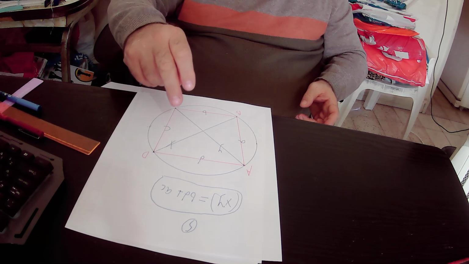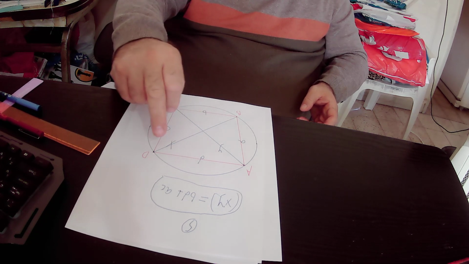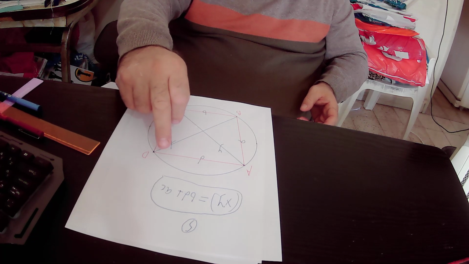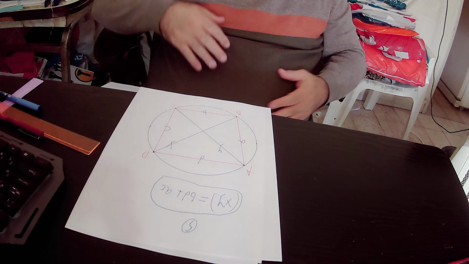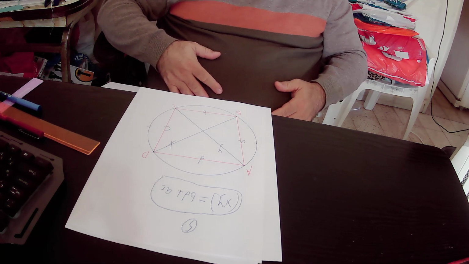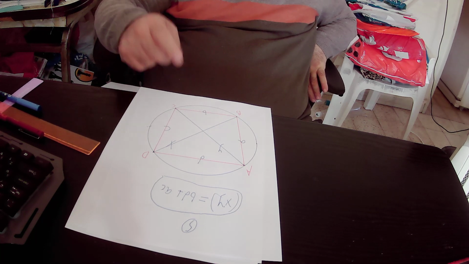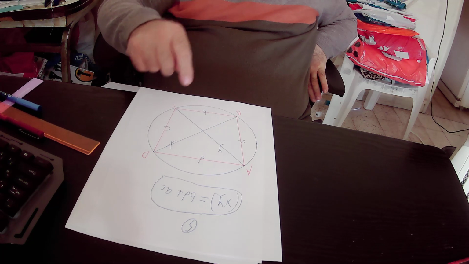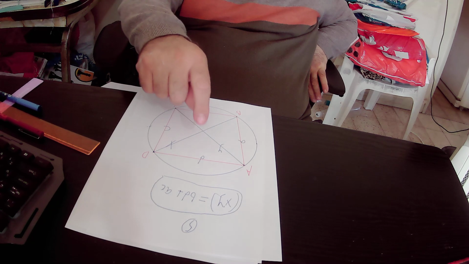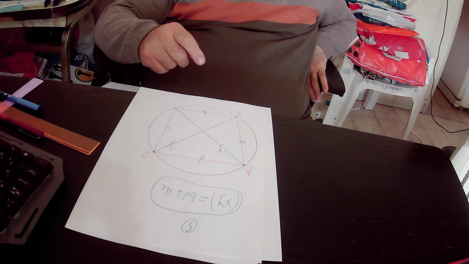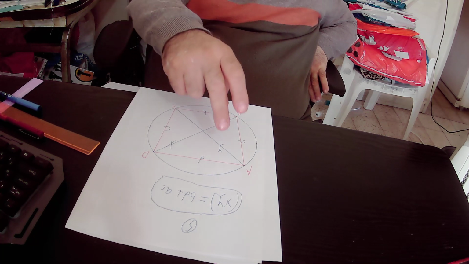The product of the first pair of opposite sides is B times D, and the product of the second pair of opposite sides is A times C. According to rule number 2, the sum of the products of the two pairs of opposite sides is BD plus AC, and that sum equals the product of its diagonals.